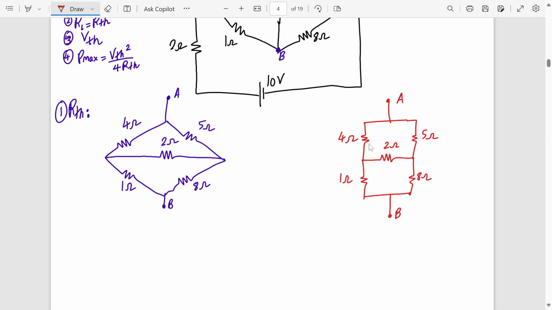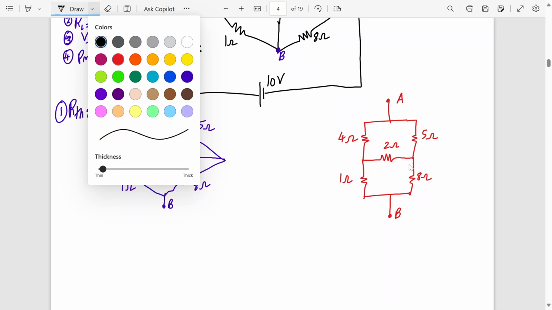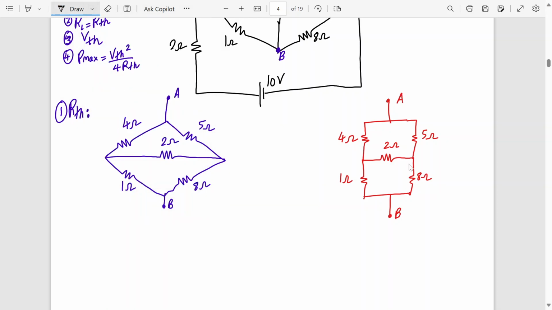They are not in series, they are in series only with this and this. So between A and B, these are in series. So in that sense 4 ohm and 5 ohm is also in series. No? Are they in series?